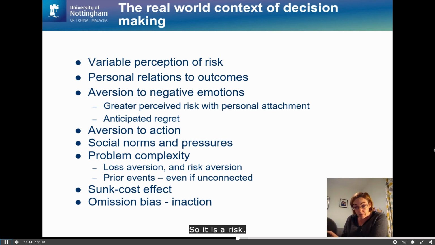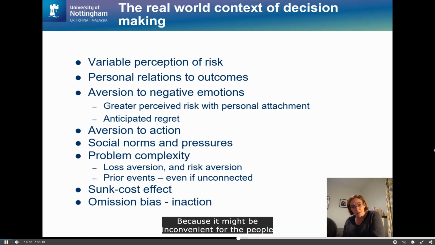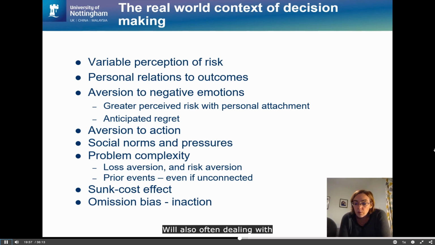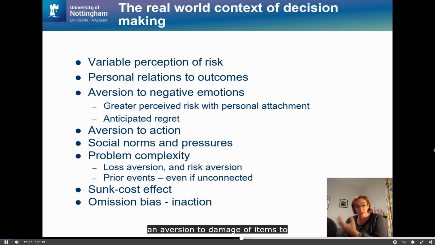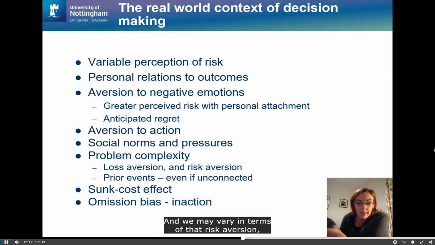So it is a risk, and you might even know it's risky, but because everyone else is doing it, because it might be inconvenient to other people for you to go around another way or something like that, you'll follow that particular path. We're also often dealing with very complex multifactorial situations, and we have therefore an aversion to loss, an aversion to damage of items, to financial loss, to physical harm, and a risk aversion as well. And we may vary in terms of that risk aversion.